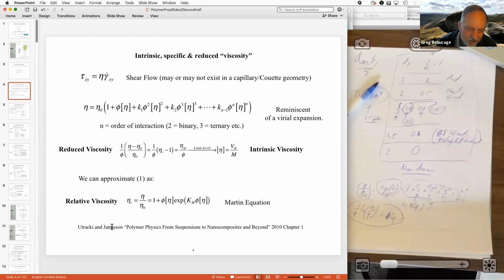Jameson kind of worked with Simha, was the guy who came up with a lot of things about different colloidal shapes and how they impact the intrinsic viscosity. Jameson did some other stuff, like he does dynamic light scattering and also positron annihilation, which is a way to measure free volume for glass transition. So he was kind of 3 fields he worked in that I know of.